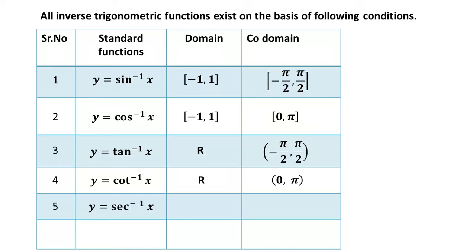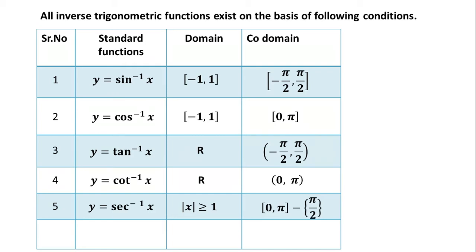Similarly, fifth one, y is equal to sec inverse x. Then its domain is modulus of x greater than or equal to 1. Now modulus of x greater than or equal to 1 means x is greater than or equal to 1 or x is less than or equal to minus 1. Remember this.